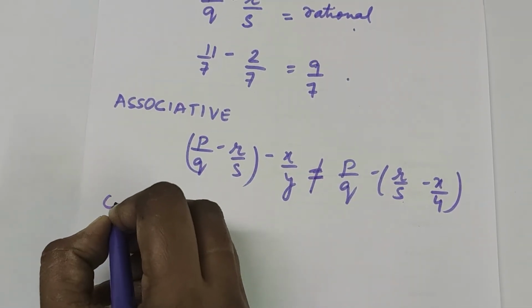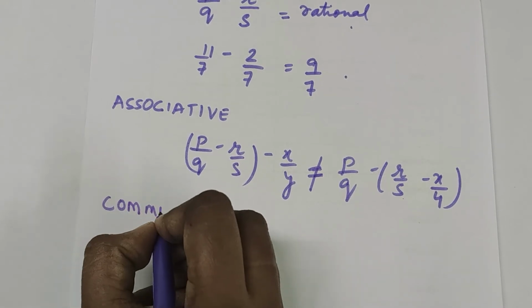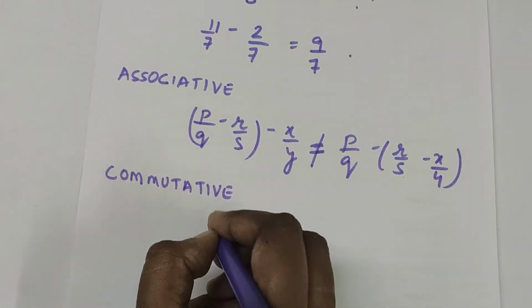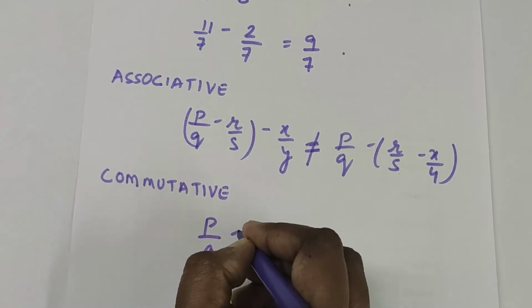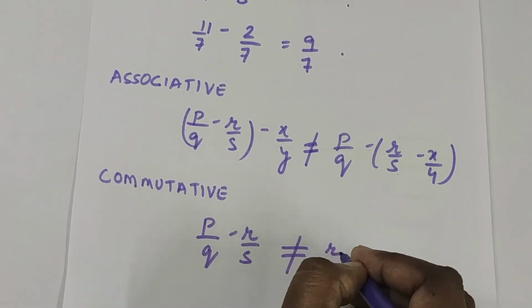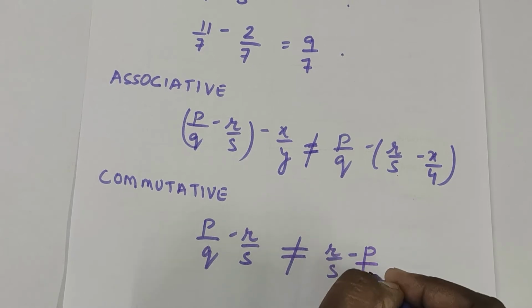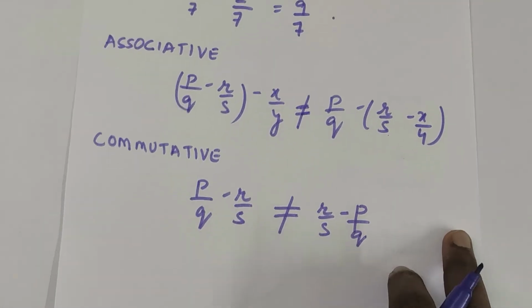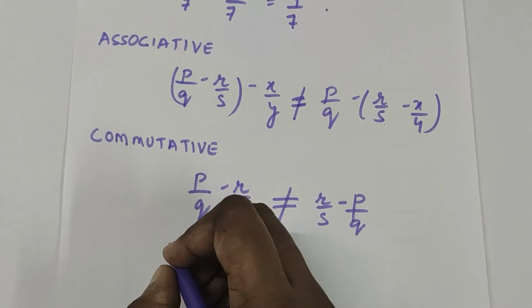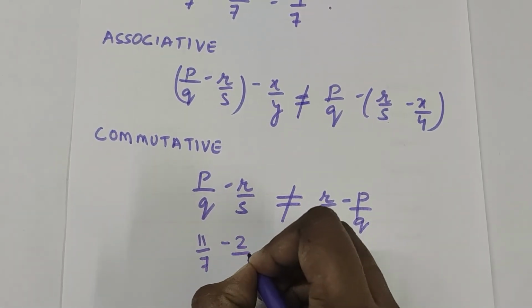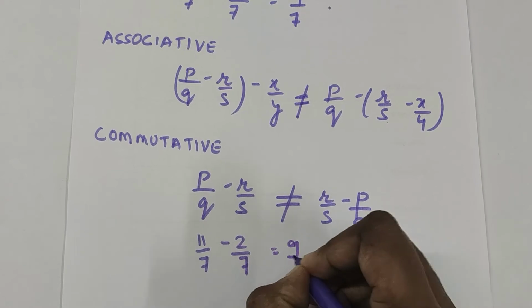And the other property is the commutative property, in which we say that p by q minus r by s will not be equal to r by s minus p by q. I'll just show this to you. If I do 11 by 7 minus 2 by 7, that was 9 by 7.